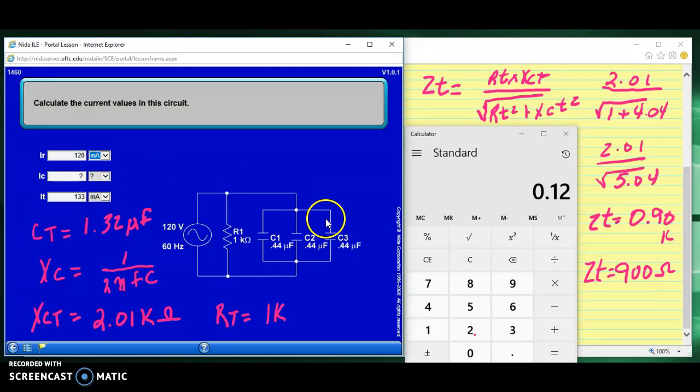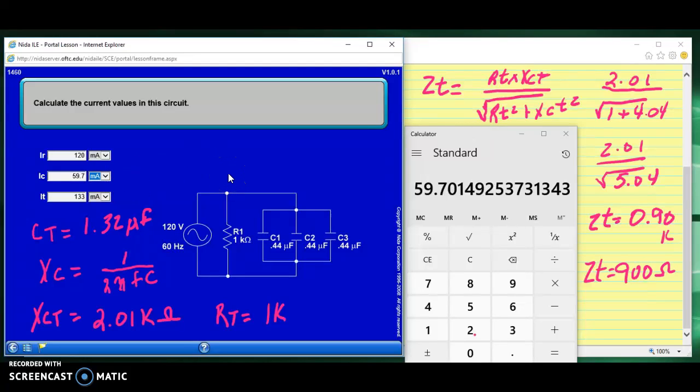Now we've got an X of CT for this, which is 2.01. So we're going to say 120 divided by 2.01 equals, so we come up with 59 milliamps. Now notice we can't add these two together, 59.7, and come up with our I total.